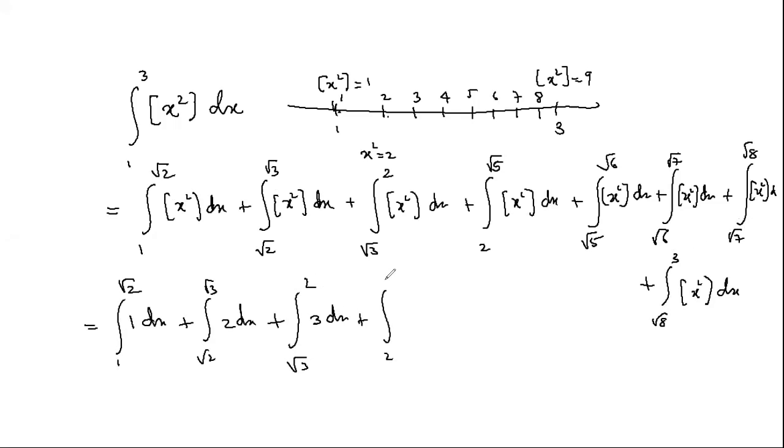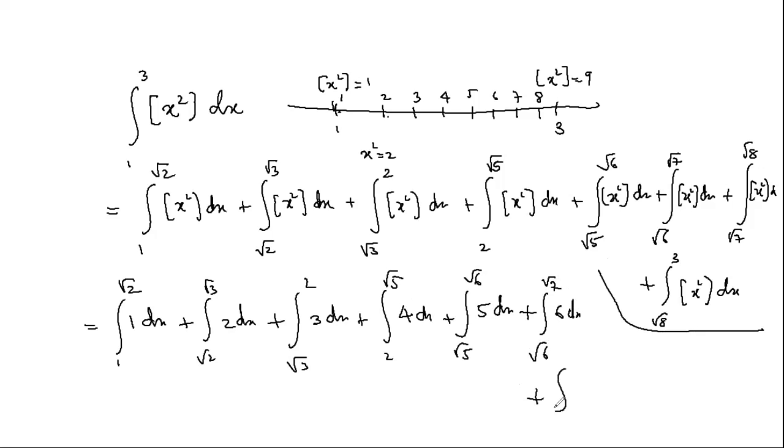Next will be 4, 5, 6, 7, and 8. Nine will not come, because it ends at the upper limit. Understood that? Now you have to integrate and write the answer. I don't think you have a problem in that.